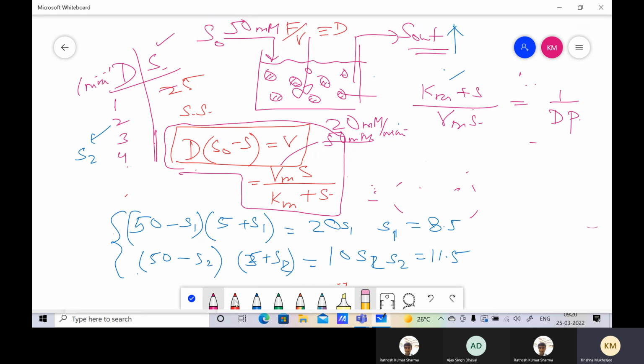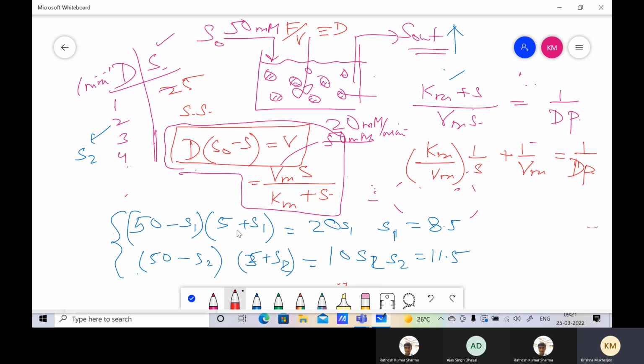Km by Vm into 1 upon S plus 1 upon Vm is equal to 1 upon DP. Right? You follow this argument? Yes, sir.